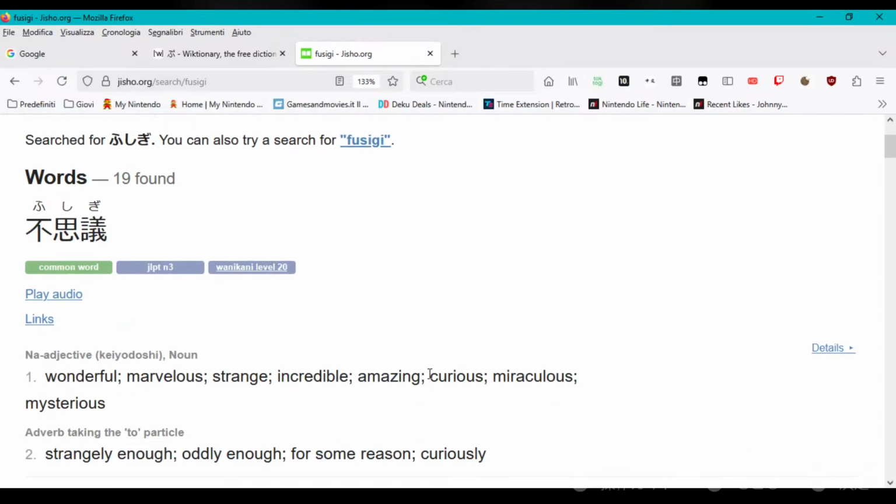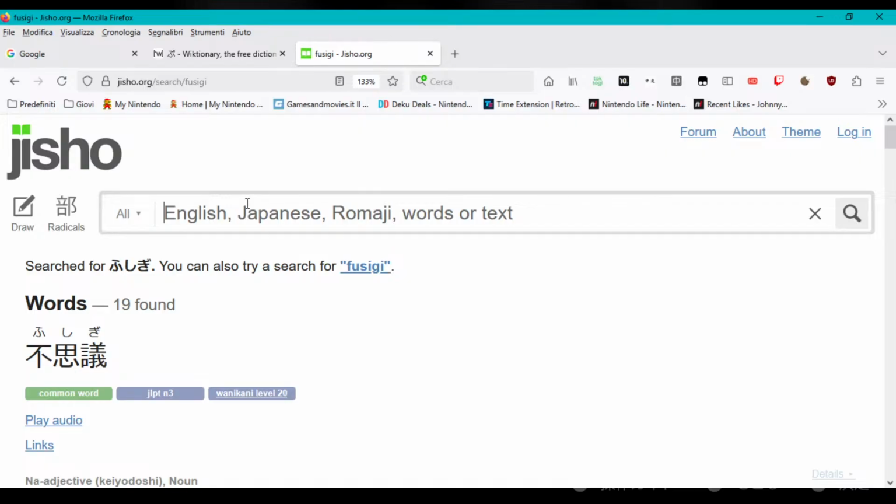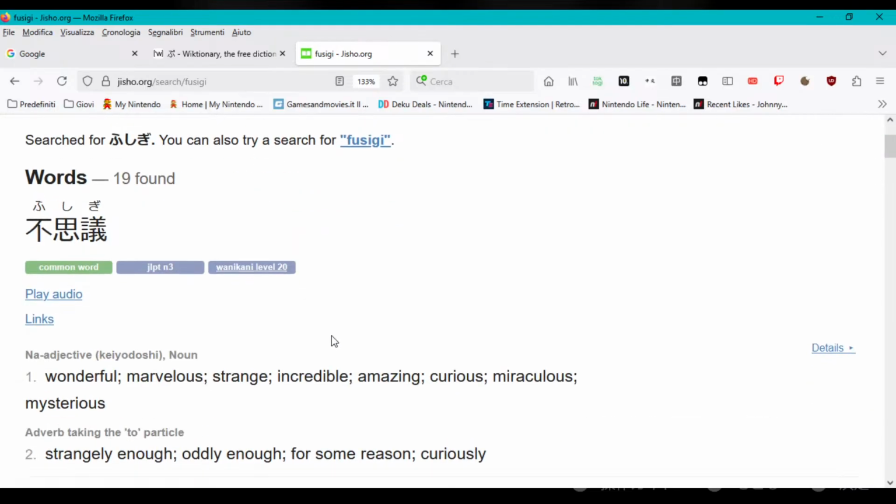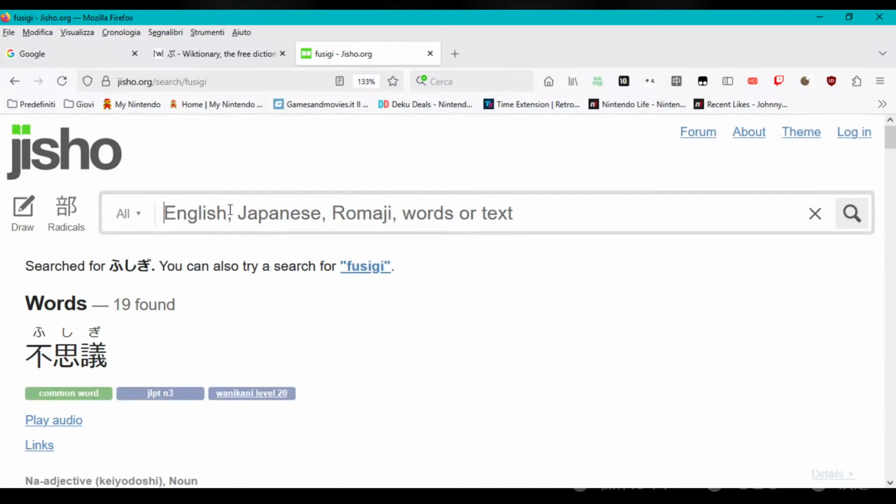It's just to start learning what the different kinds of words are in Japanese, because there are some differences compared to languages like English and also Spanish, Italian, and so on. So we've seen a word with fu. We can see a word with pu.